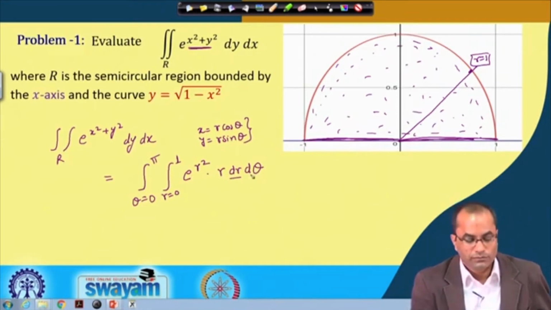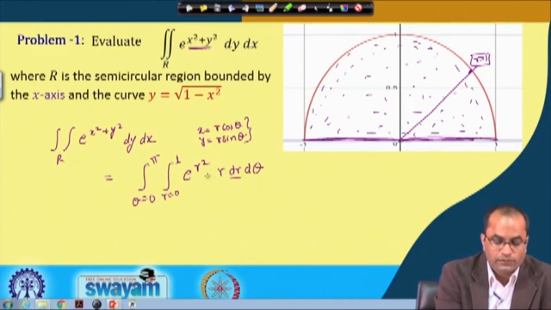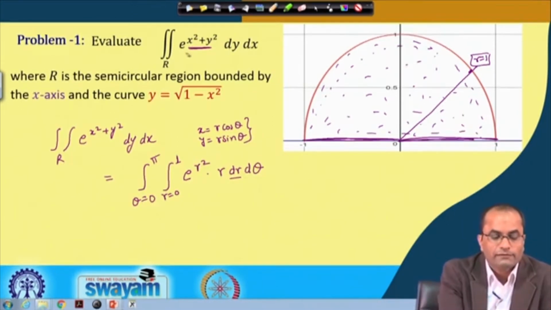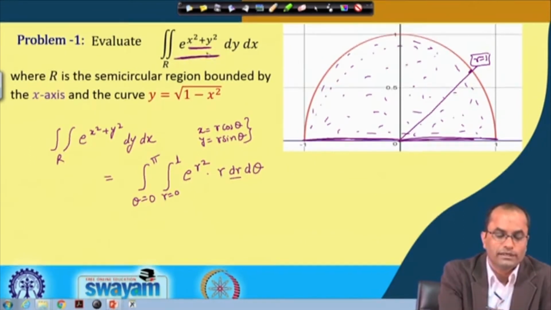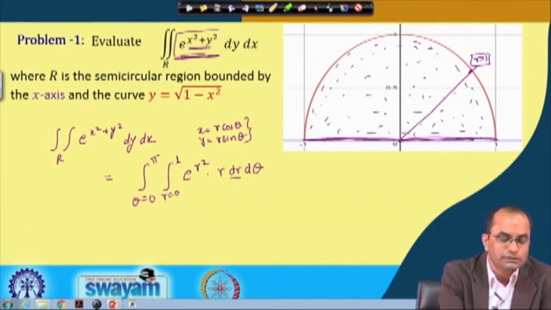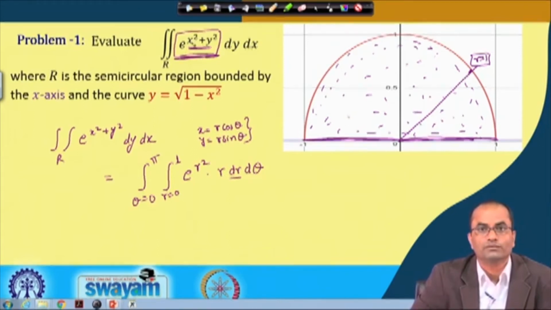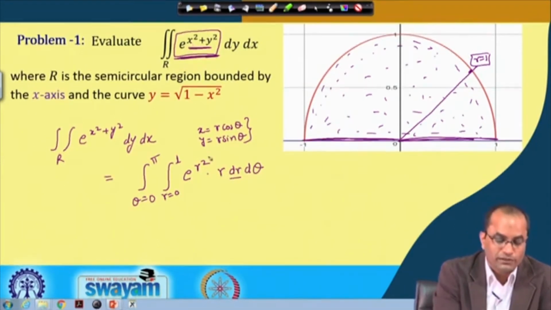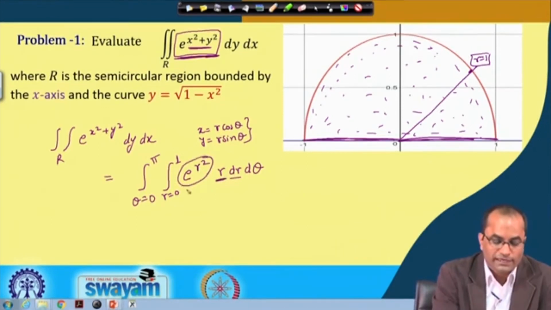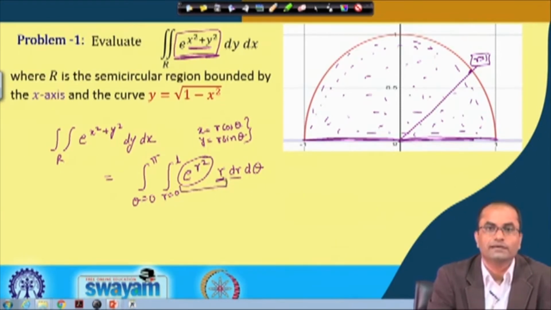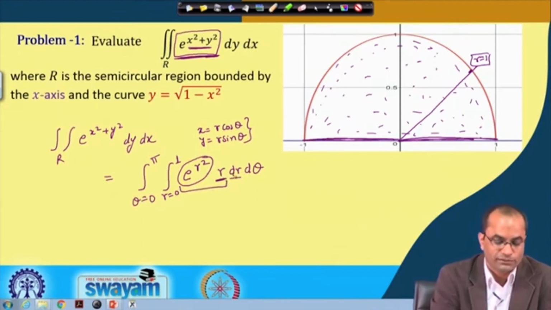And now if we look closely here, direct evaluation in the Cartesian coordinates was not easy, or rather not possible, to integrate this e power x square plus y square term, but now we got here e power r square and r. So, we can easily integrate this integrand now with respect to r.